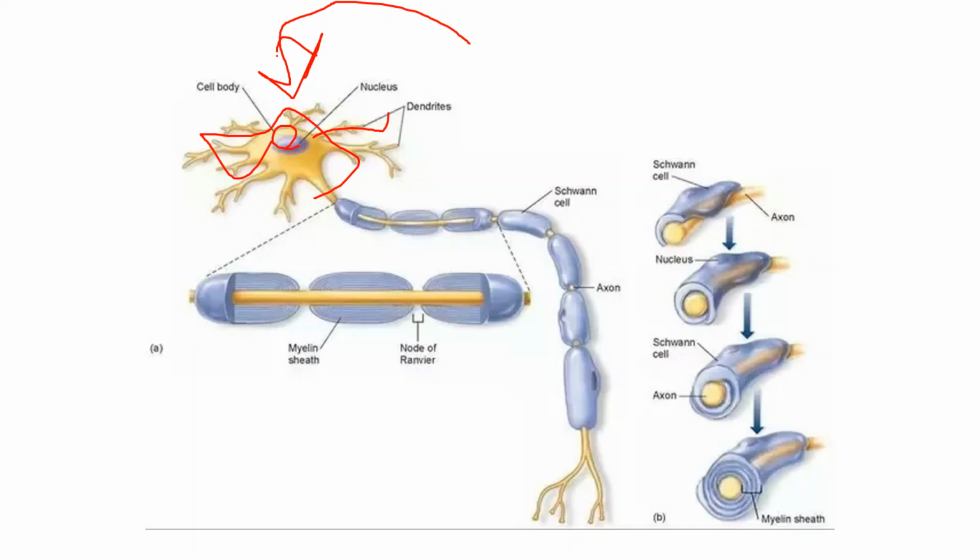The presynaptic neuron releases the neurotransmitter through the last part of the axon, that is the synaptic knob, right? Through the synaptic knob it will release the transmitters. These neurotransmitters will come and bind with the dendrites, and then it will send the signals to the neuron.